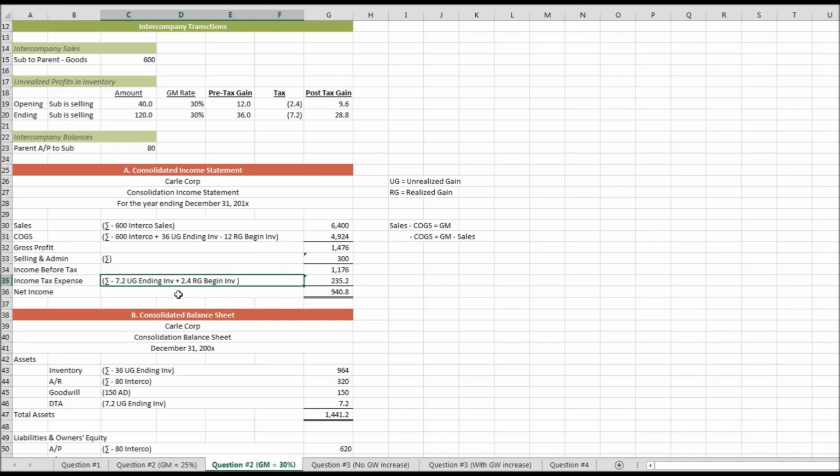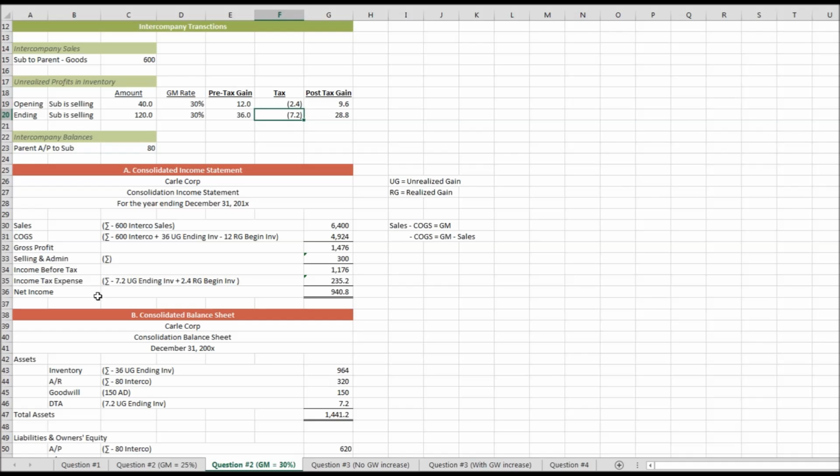And we're doing the same thing with the ending inventory. So since we're taking out that ending inventory, our cost of goods sold is increasing. We're going to have smaller gross profit. We're going to have smaller income before tax, and therefore we're going to be subtracting out the income tax related to this 36 right here.